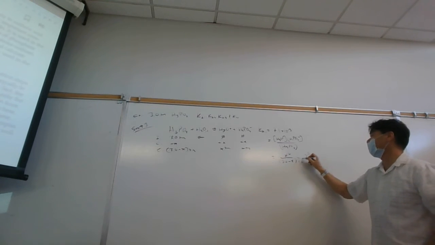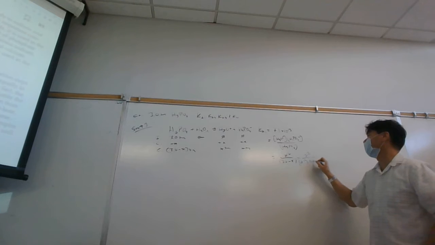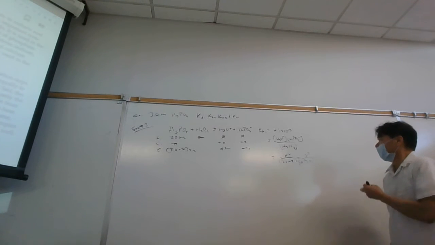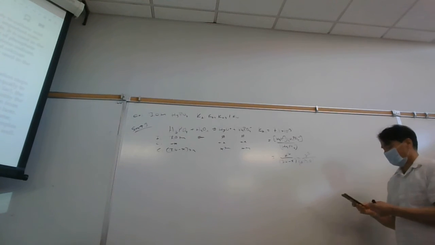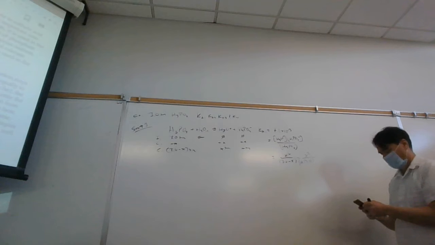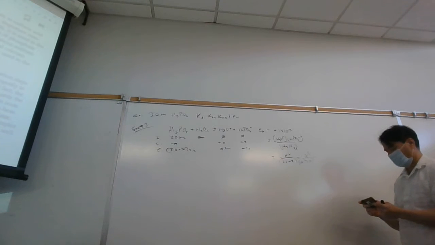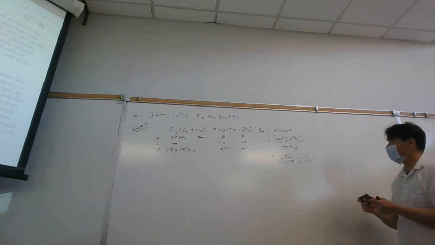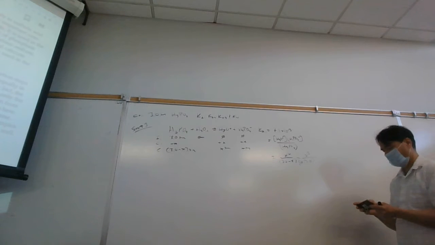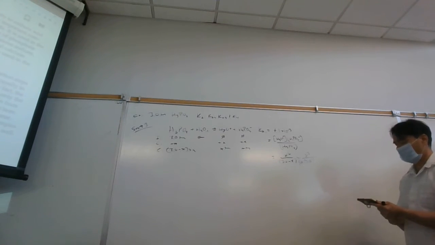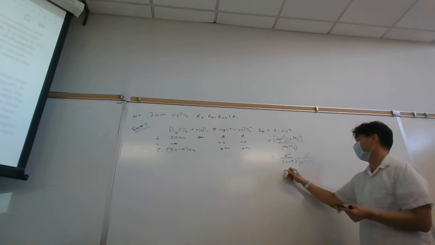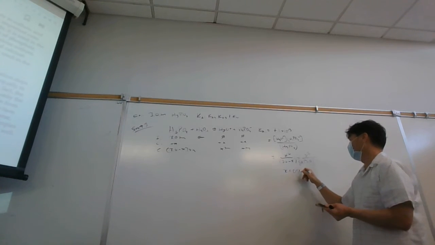So this is going to come out to x squared over 3.0. So we'll take 7.1 times 10 to the minus 3 times 3, and then square root that. I get an x equal 0.0071.